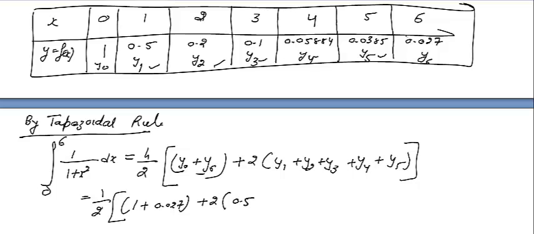So 0.5 plus 0.2 plus 0.1 plus 0.05884 plus 0.0385.